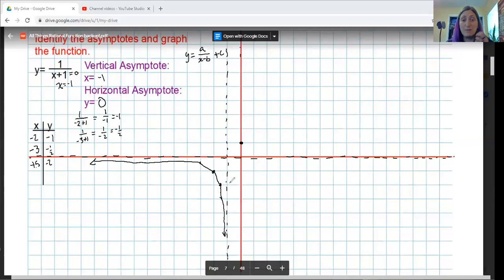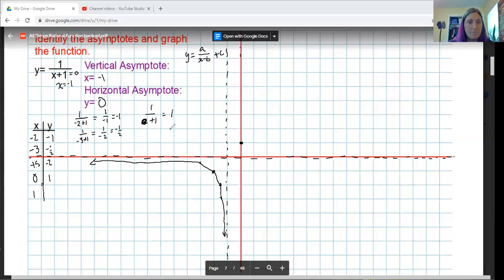0 is not an excluded value. If I plug in 0, I have 1 over 0 plus 1, which is equal to 1. Okay, so I have a point at 0, 1. And now maybe I want to plug in positive 1.